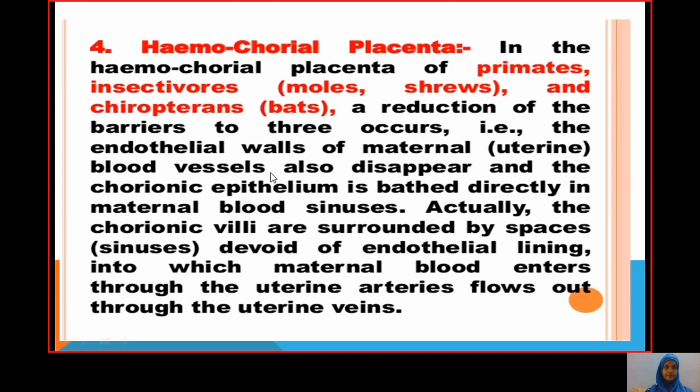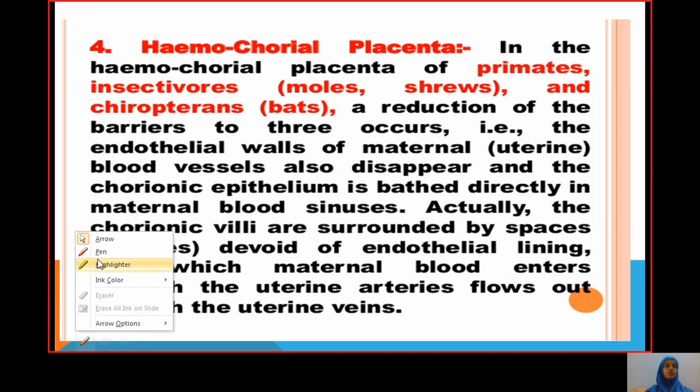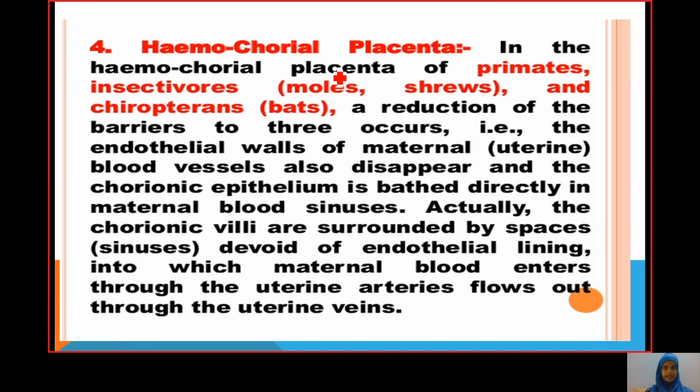Hemochorial placenta. In hemochorial, heme, as all of you know, is nothing but the blood. Chorial placenta of primates, like moles, shrews and rats. The reduction of the barriers to 3 occurs. That is, there is no endothelium, no blood vessels, it disappears, and directly the chorionic epithelium is bathed in the blood sinuses.